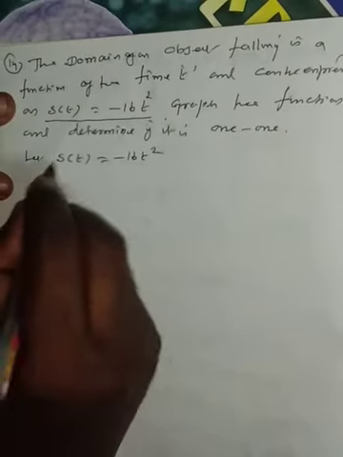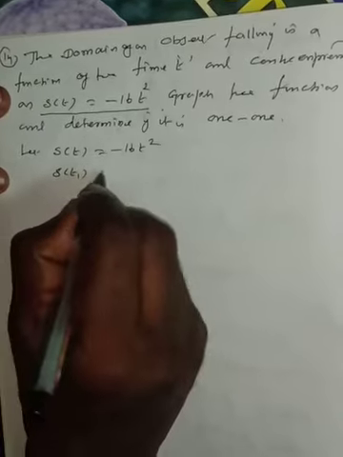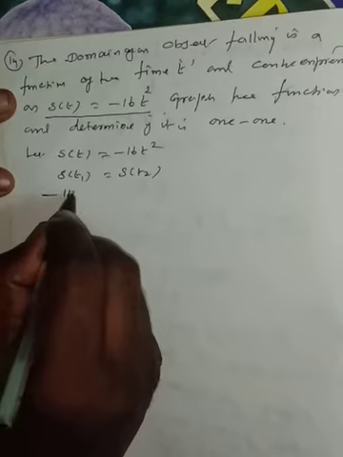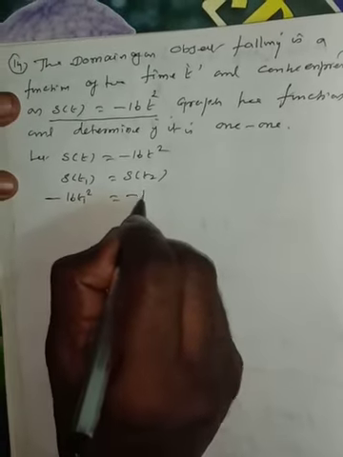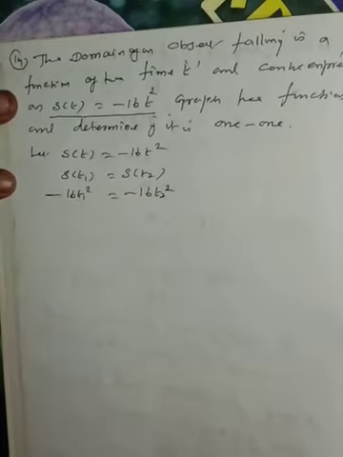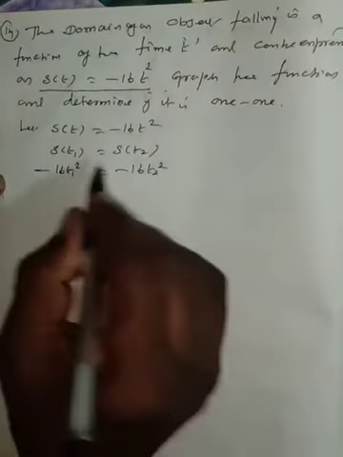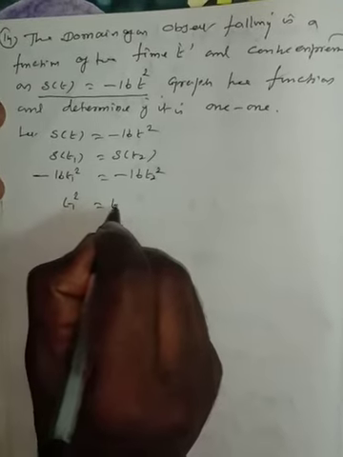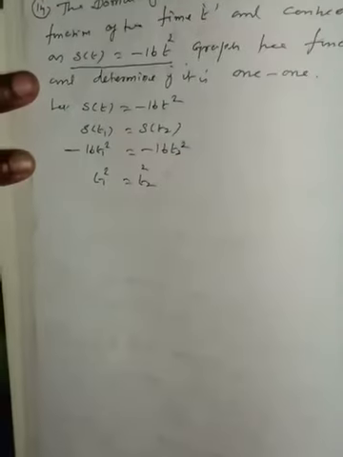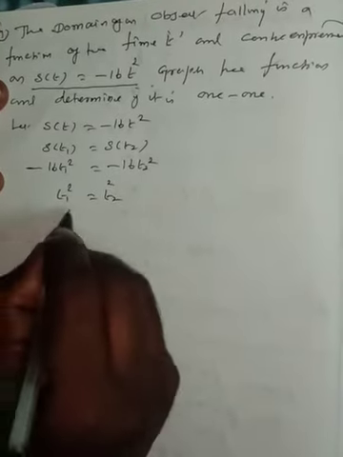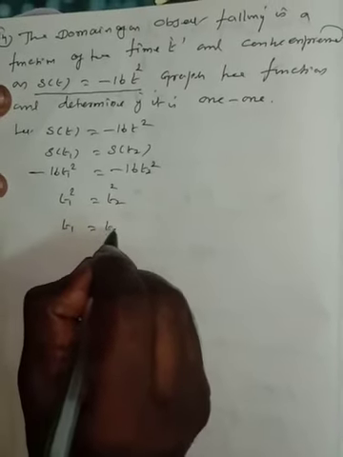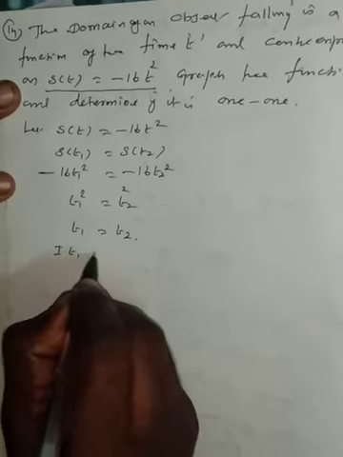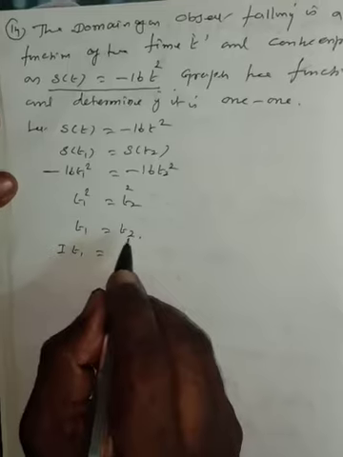Next, since s of t1 is equal to s of t2, therefore minus 16 t1 square is equal to minus 16 t2 square. Cancelling minus 16, we get t1 square is equal to t2 square. Taking square root on both sides, we have t1 is equal to t2.